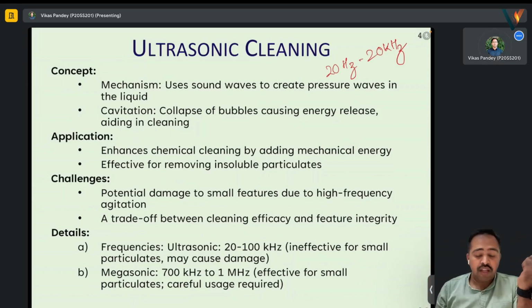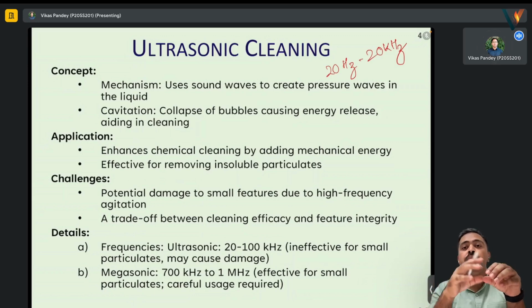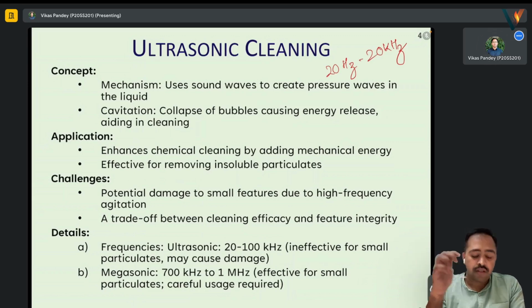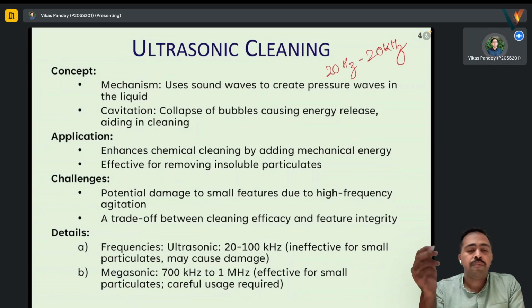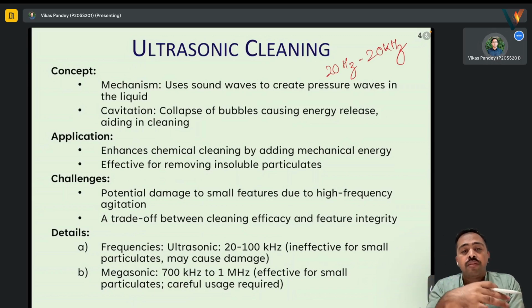This is in addition to chemical cleaning, like it is helping the chemical cleaning. It is not something being used altogether. So in some solvent like acetone or IPA, when your wafer is kept, these ultrasonic waves help to increase the efficiency of our cleaning.